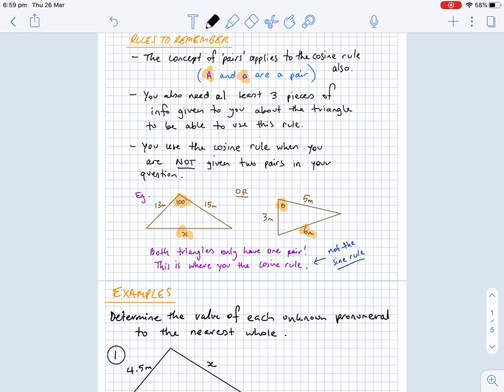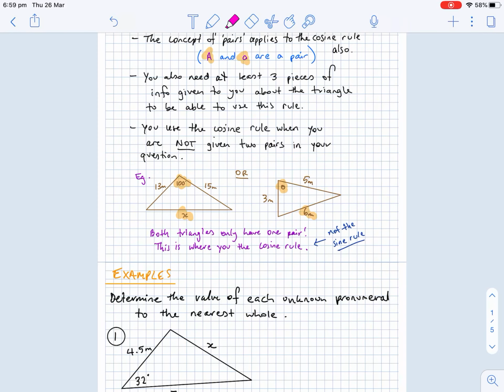You need at least 3 pieces of information to do the cosine rule. Same idea as the sine rule. Both need 3 pieces of information. You use the cosine rule when you are not given 2 pairs. So if you don't have your 2 pairs, you have to use the cosine rule. If you do have 2 pairs, that's when you use the sine rule.